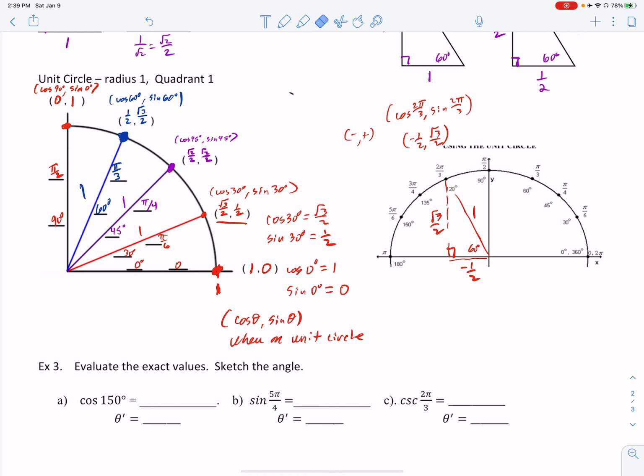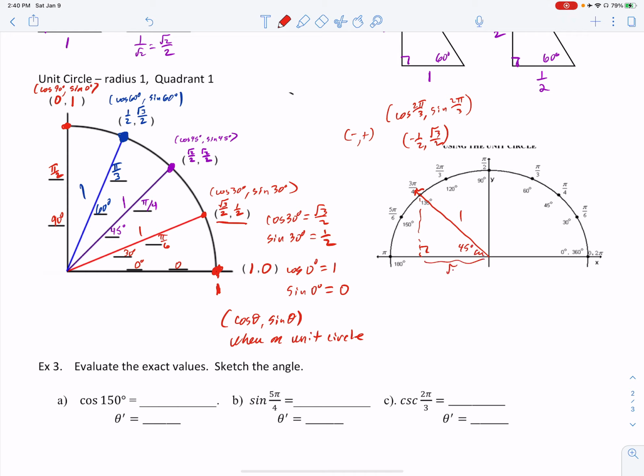All right, so then if we rotate around 135 degrees, so we rotate and we end up here. If I drop an altitude to the x-axis, this is 1. This is a reference angle of 45 degrees, or pi fourths.